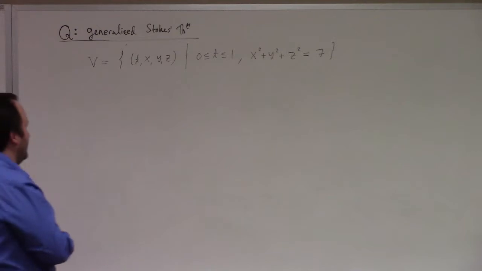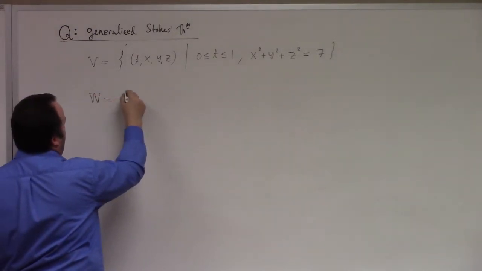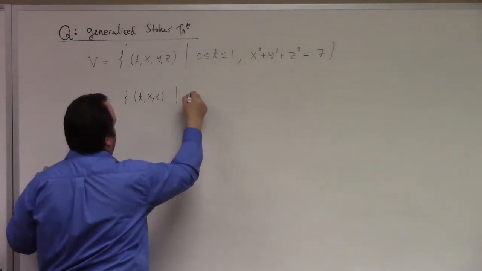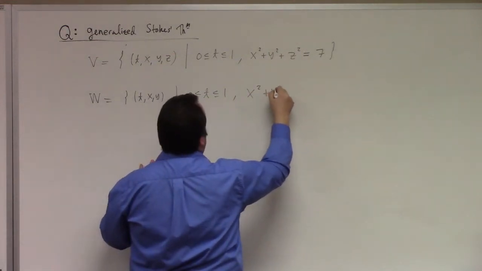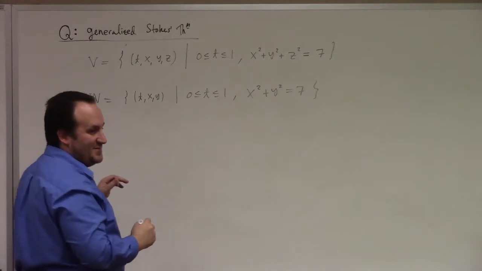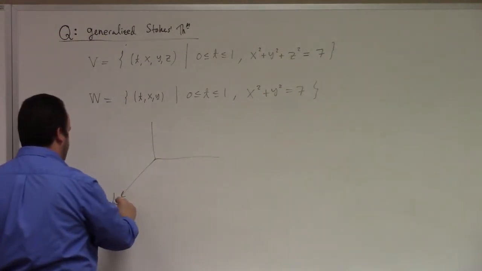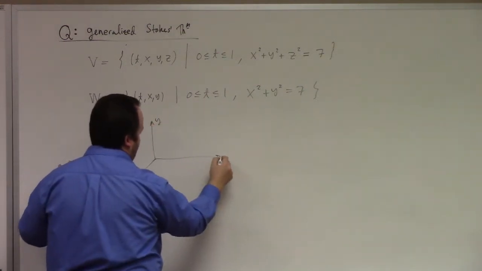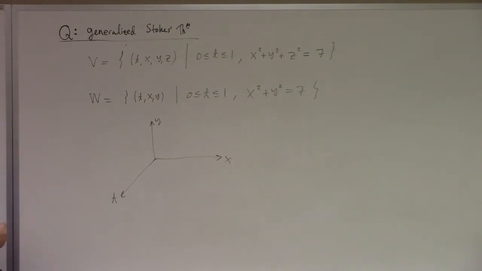Yeah, maybe to understand this better, it's helpful to think about a W, which would be something like TXY, such that 0 less than or equal to T less than or equal to 1, x squared plus y squared equals to 7. Now we can visualize it, right? So if this is T and this is y and this is x, what is x squared plus y squared equals to 7?